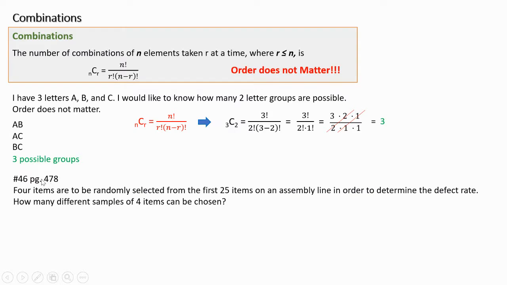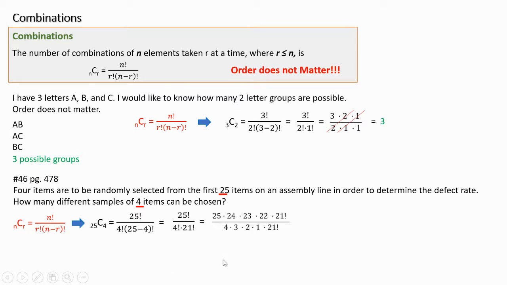Okay. This is number 46 from page 478. 4 items are to be randomly selected from the first 25 items on an assembly line in order to determine the defect rate. How many different samples of 4 items can be chosen? So it's going to be 25 combination 4. Again, this can be put in the calculator to get the answer, but this is how you do it by hand.